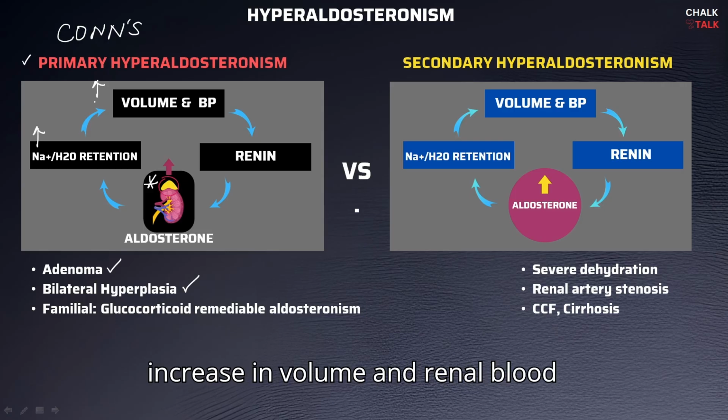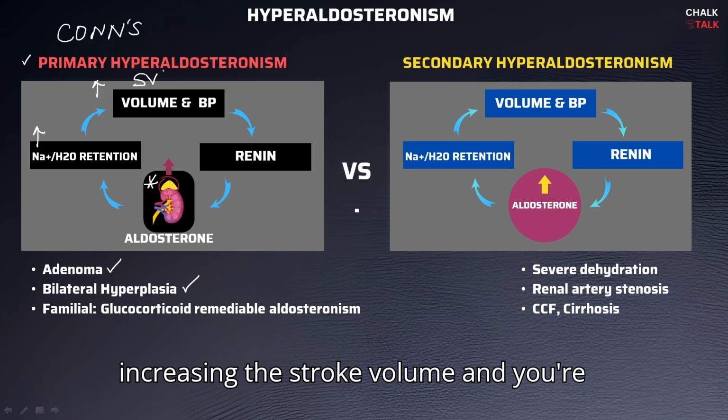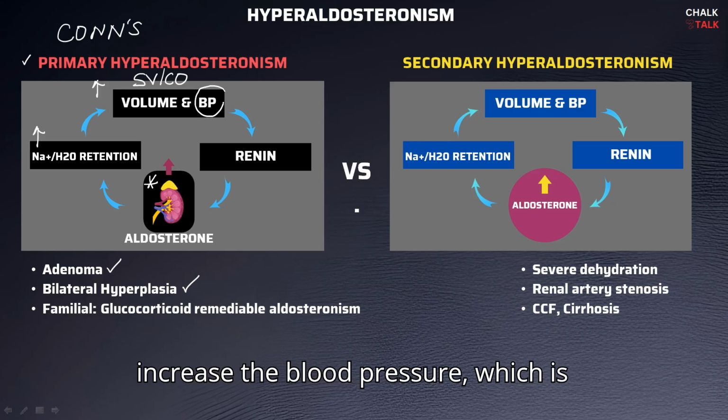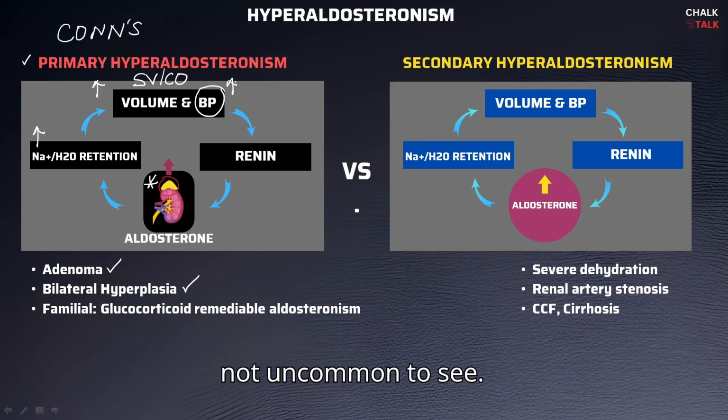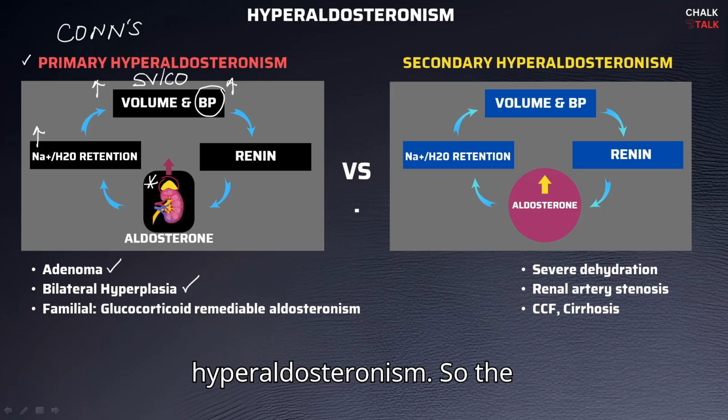Now, the increase in volume and renal blood flow also obviously means that you are increasing the stroke volume and the cardiac output, and so you increase the blood pressure, which is not uncommon to see. Hypertension is a clinical manifestation of primary hyperaldosteronism.